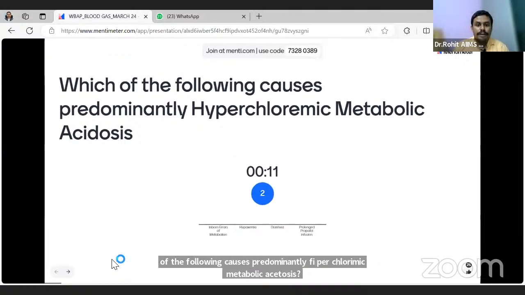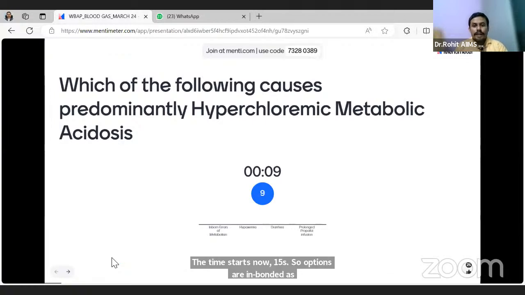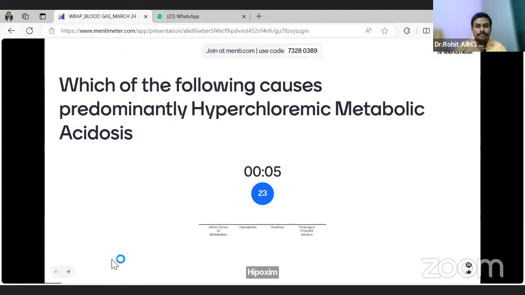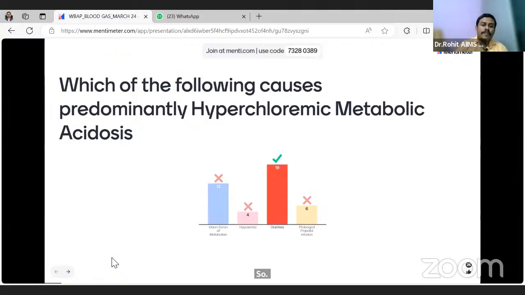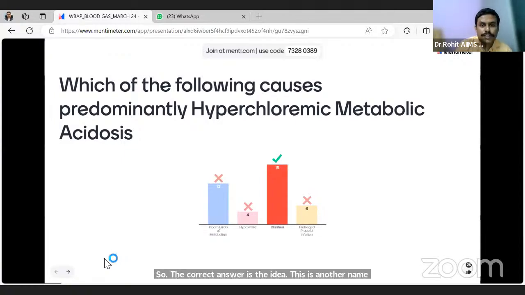The options are inborn errors of metabolism, hypoxemia, diarrhea, prolonged propofol infusion. The correct answer is diarrhea. Another name for normal anion gap acidosis is hyperchloremic metabolic acidosis.